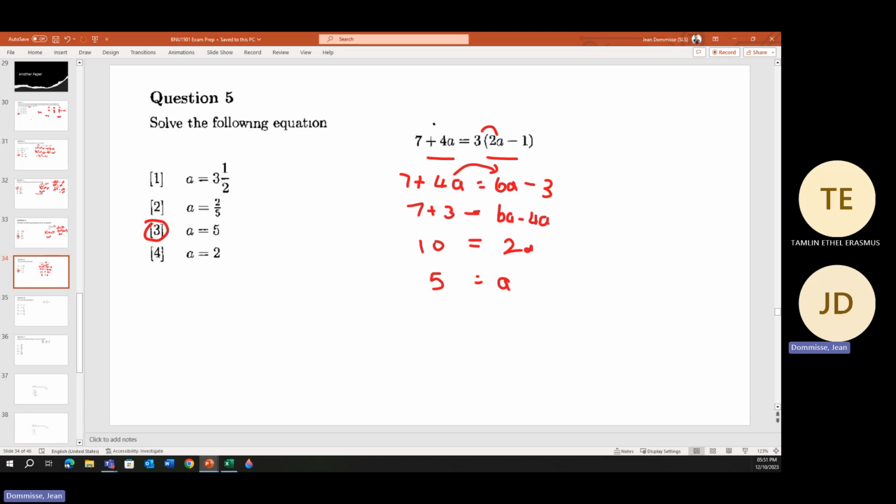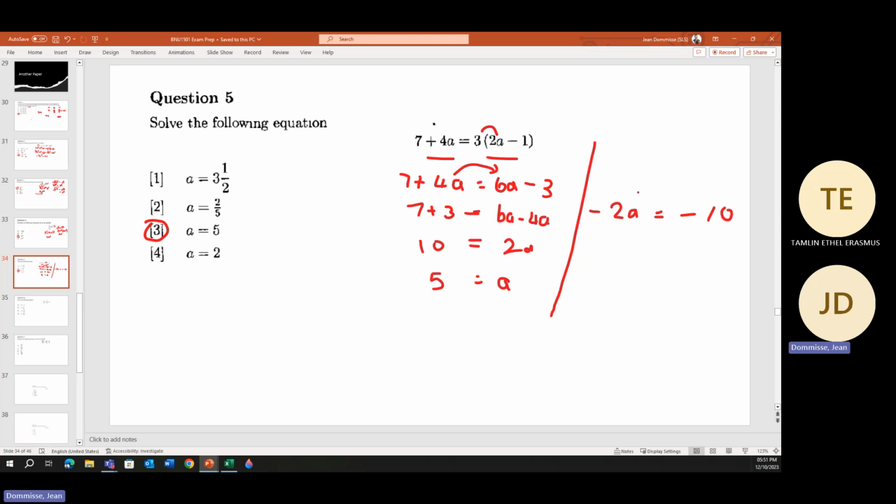Okay, so this one, again, for myself, to make it easier, I like to work with positive numbers. So I would want to work with a positive a. You could have done it exactly the other way around as well. So you could have said, okay, let's take the 6a over. Then it becomes minus 2a. Could have said, let's bring the 7 over. Then it becomes minus 10.